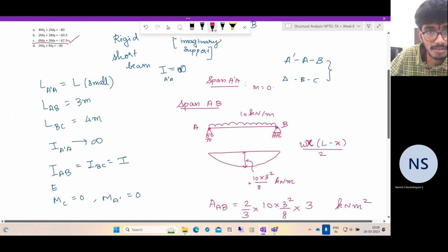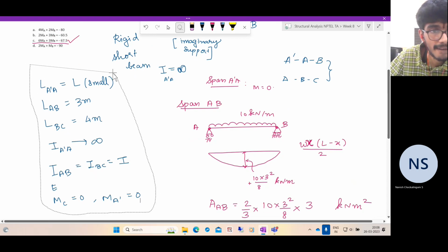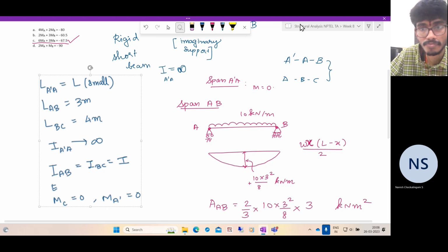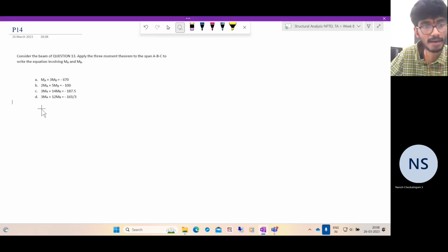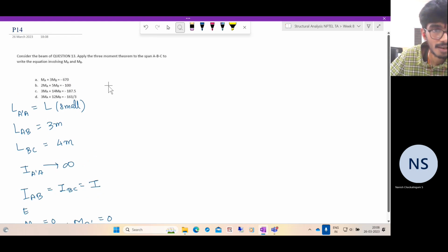Now let's go to the next problem, the next part of the same problem. Apply the moment theorem to span ABC. So in span ABC, what do we have?